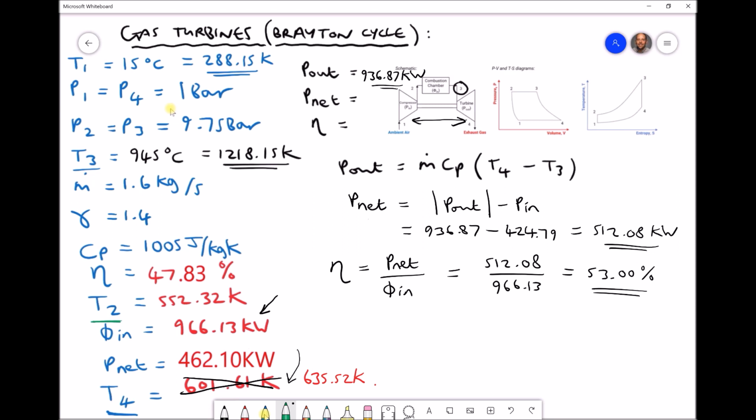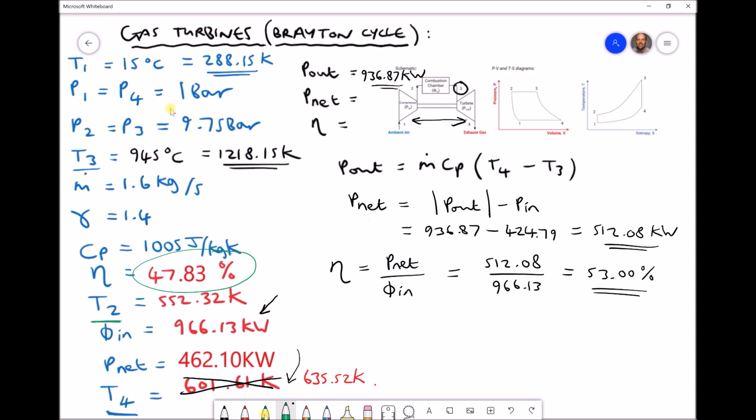So just to summarise, we've looked at three different scenarios there. The first scenario was for a simple gas turbine, and we found that we had an efficiency of 47.83%. In our second scenario, we had a heat recovery steam generator providing the power from our compressor and effectively powering our compressor to run the process. In that example, we had a theoretical efficiency of 91.8%.